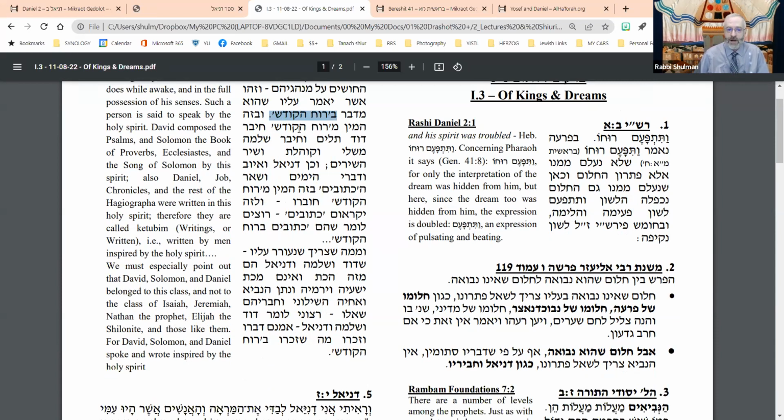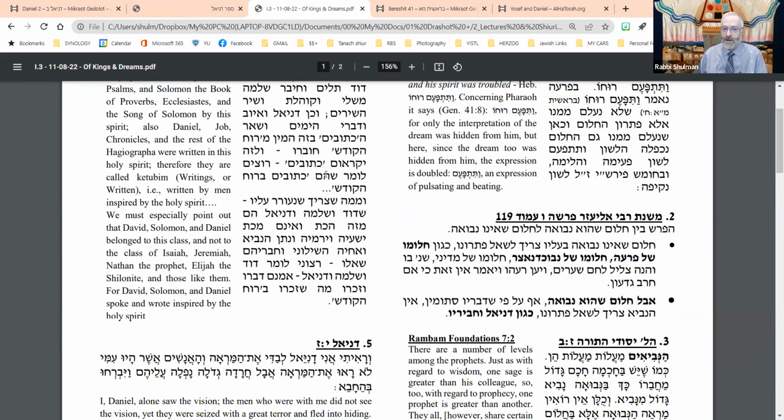And this concept of Ruach HaKodesh is what enabled David to write Sefer Tehillim, and Shlomo to write Sefer Mishlei, Kohelet and Shir Hashirim, and likewise Daniel, Iyov, Divrei Hayamim and the rest of the Ketuvim. Similarly, all of the rest of the books of Ketuvim, Daniel, Ezra, Nehemiah, Iyov, Divrei Hayamim, all written with Ruach HaKodesh, but not Nevuah. What we call wisdom literature, correct?